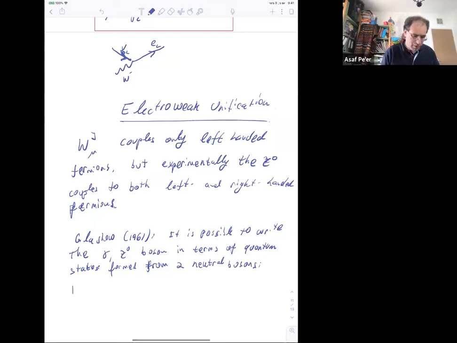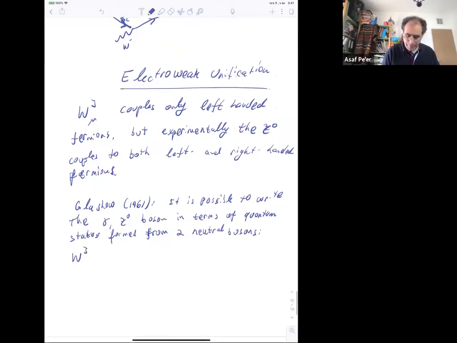One of them will be the W3 associated with the SU(2)L symmetry. And the second one would be another one, which means that we have to replace the U(1) electromagnetic gauge symmetry with a new gauge symmetry, which we call U(1)Y.